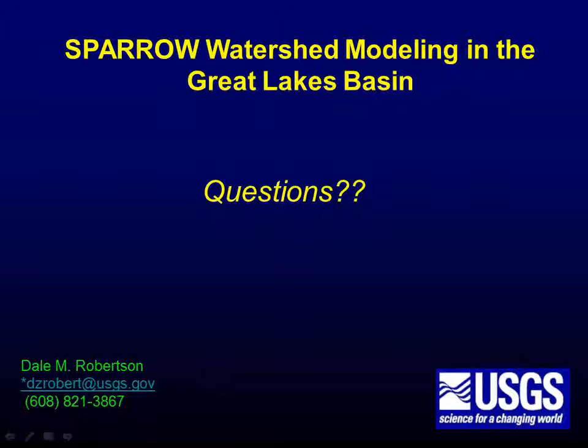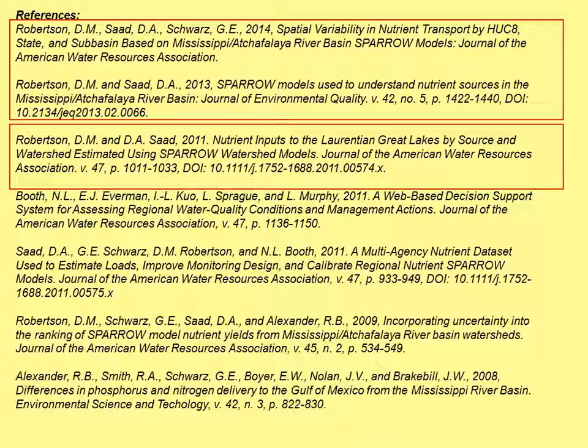Yeah, Joe? Before I ask my question, I want to say that I firmly believe that the best way to approach these kinds of things is with multiple models that have different scales, different assumptions, and that sort of thing. And it seems like, based on your presentation, that the real value in Sparrow is at a larger scale, first of all.